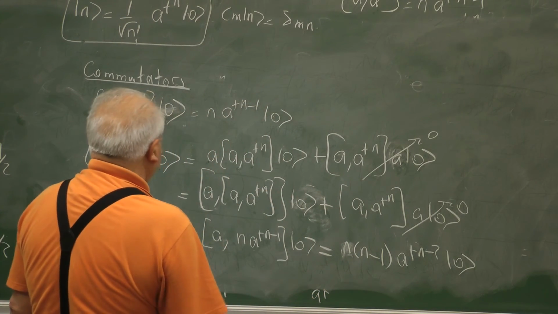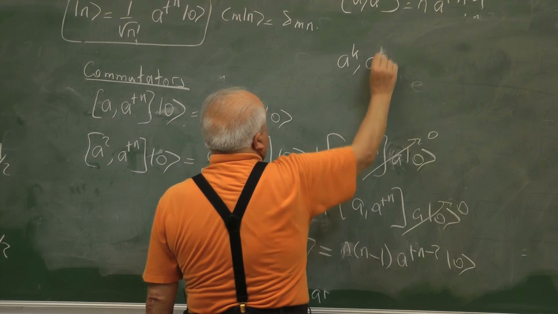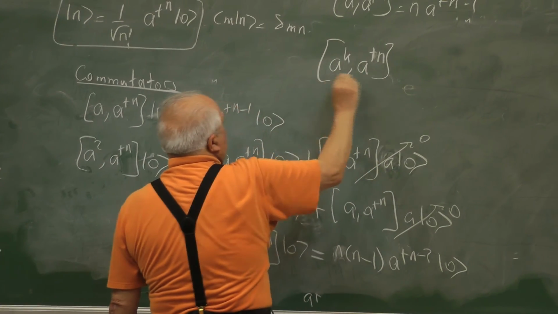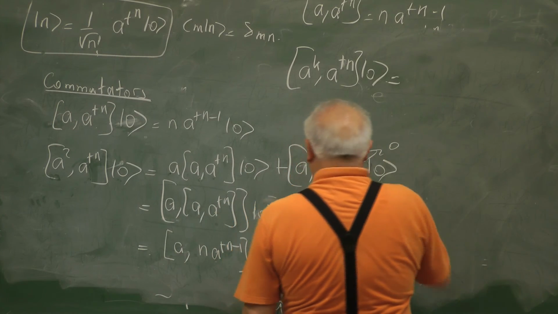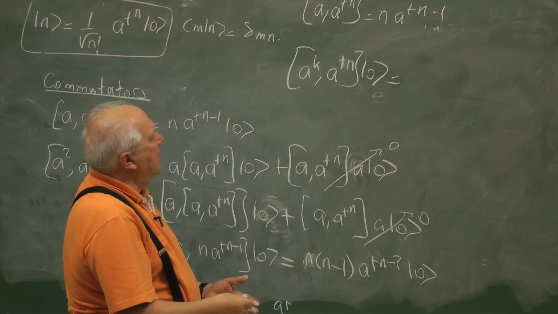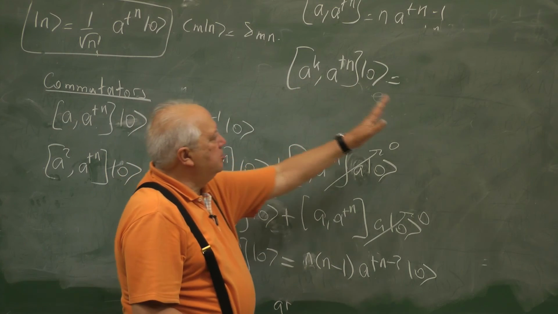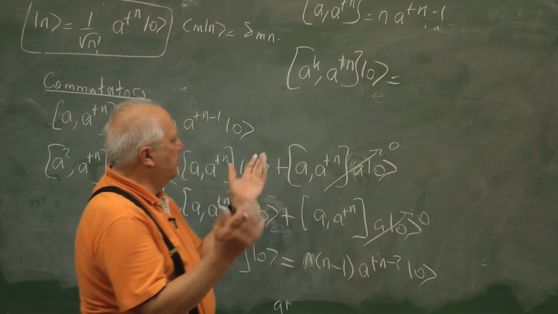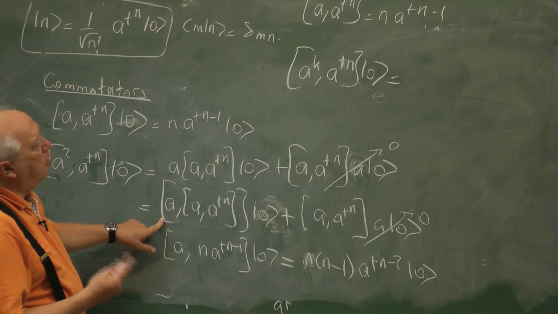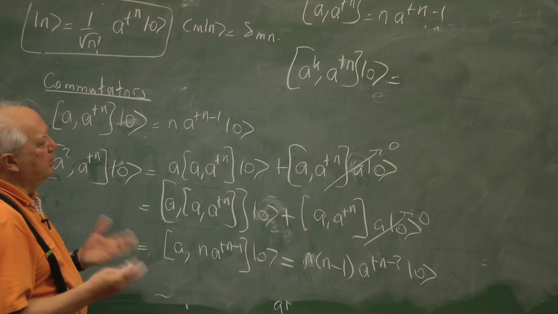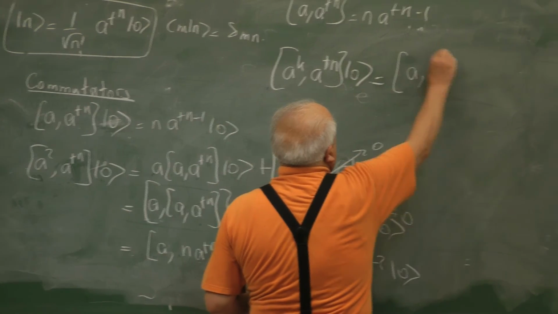So in general, for example, a dagger n commutator 0 will be equal to, well, there will be many combinations, and in all of them except one, there will be a's to the right, which will kill the ground state, no contribution. So the only term comes from this k-fold commutator. Let's perhaps call it fully contracted. It is a, then again a.